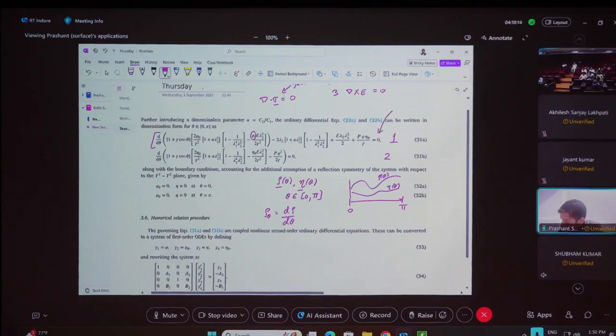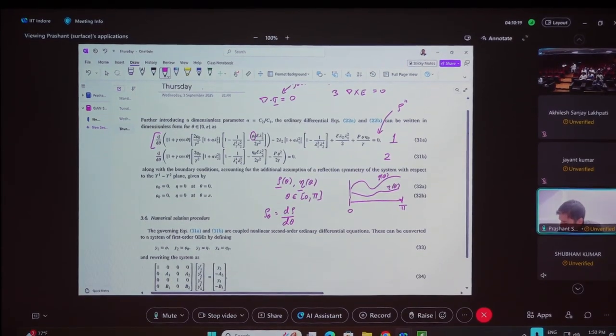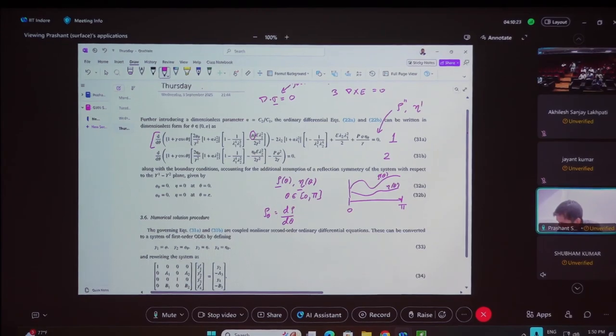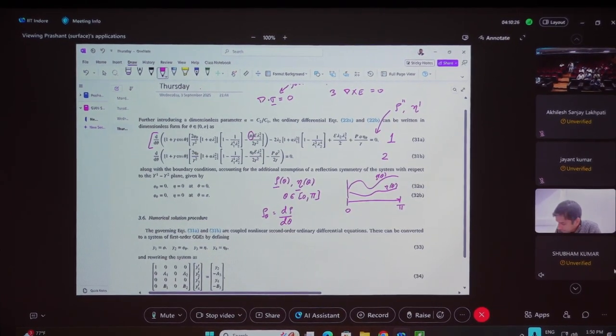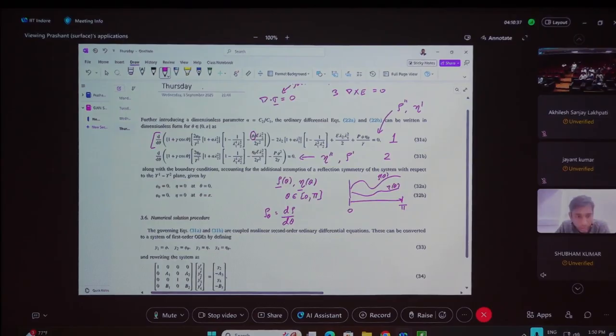If I would solve this properly, I probably would have terms with second derivatives of rho and first derivatives of eta, and in this equation I would get second derivatives of eta and first derivatives of rho. So basically I've got a coupled differential equation with up to two derivatives in both of these equations 1 and 2, but not more than that.